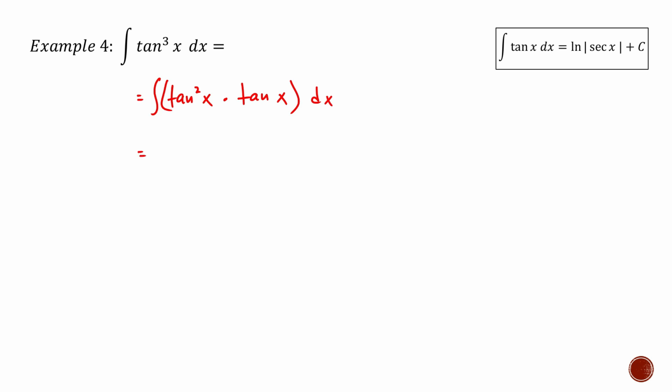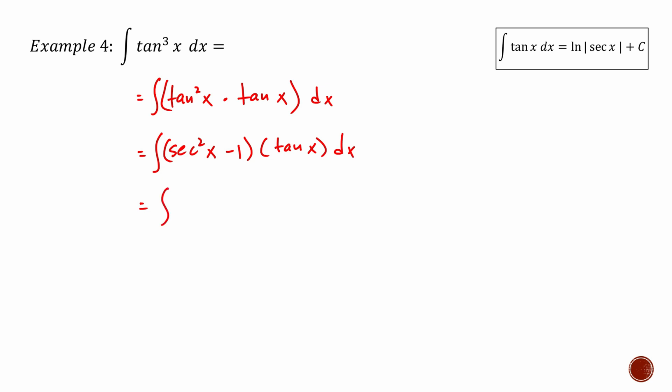I'm going to use some trigonometric equivalence here. Tangent square x is equivalent to secant square x minus 1, then times tangent x.